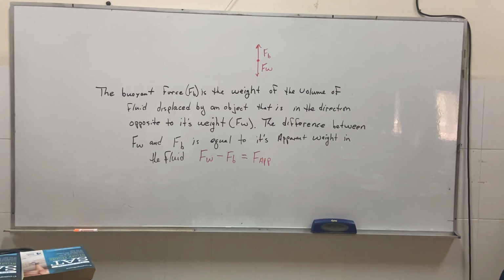The difference between the weight and the buoyant force is equal to its apparent weight in the fluid, or simply F_W minus F_B equals F_APP. All right? You all right with that? Okay. So, it's simple.